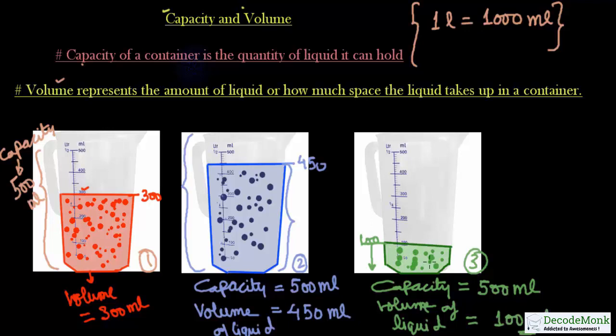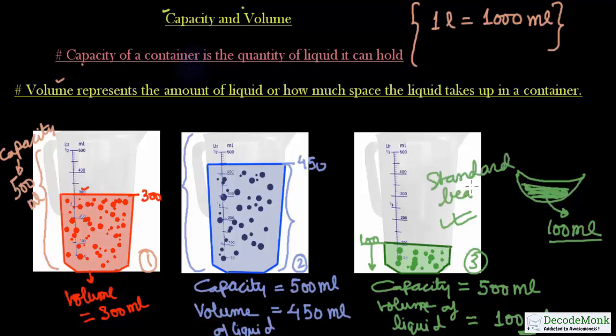So if you fill this amount of liquid in any other container, say the container looks like this and the water fills up to this particular mark, then also the volume of the liquid will not change. It will be same as 100 ml because the volume of the liquid has been checked using these standard beakers.